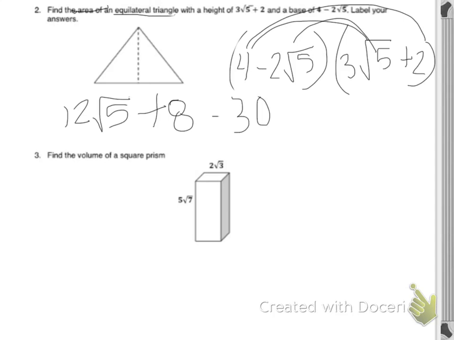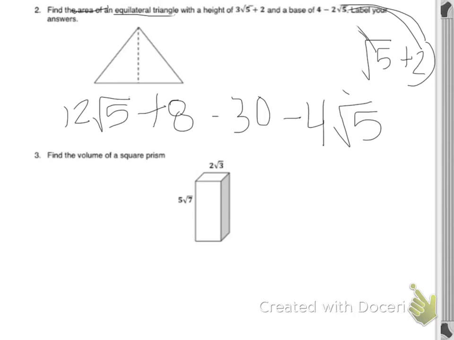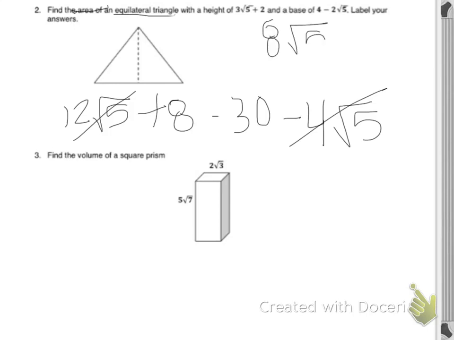And then negative 2 square root of 5 times 2 is negative 4 square root of 5. And now from here, you're going to want to combine like terms before we divide by 2. So 12 square root of 5 minus 4 square root of 5 is 8 square root of 5. And then 8 minus 30 is negative 22.